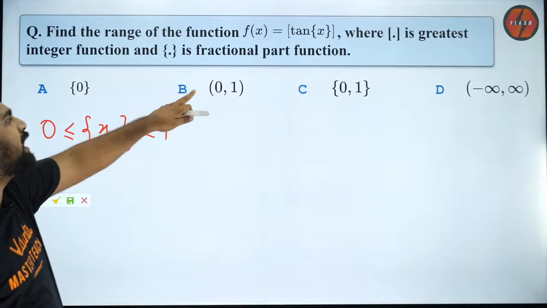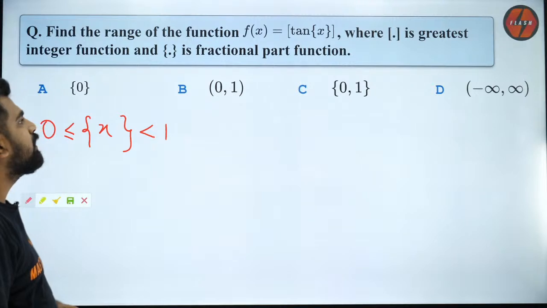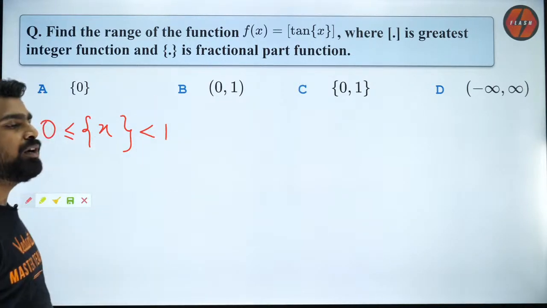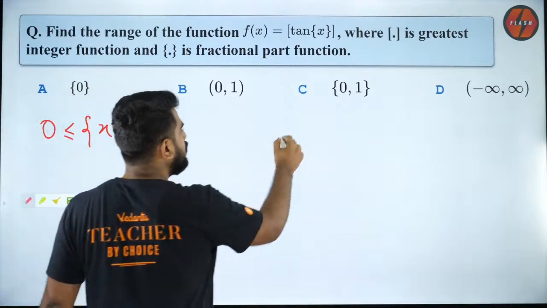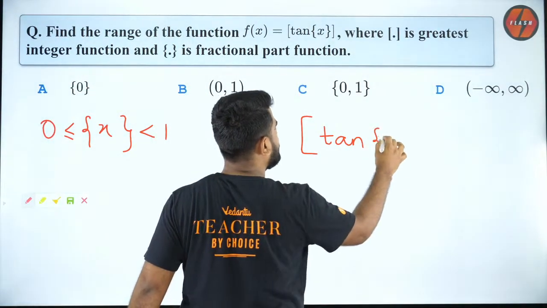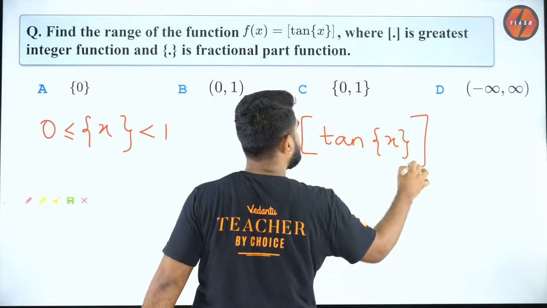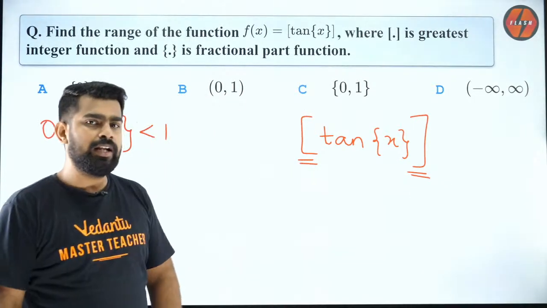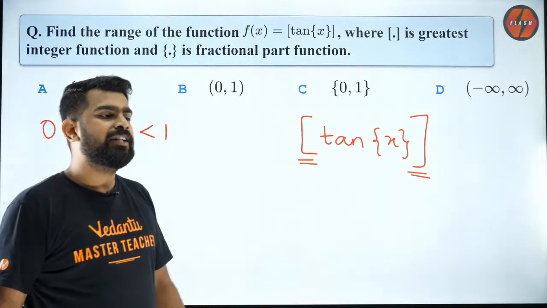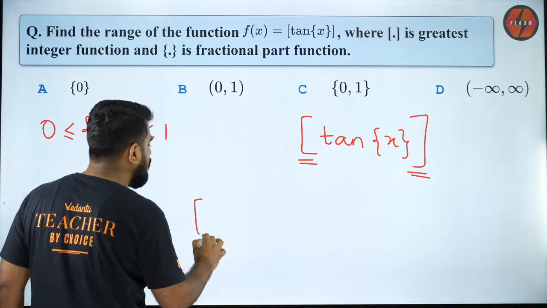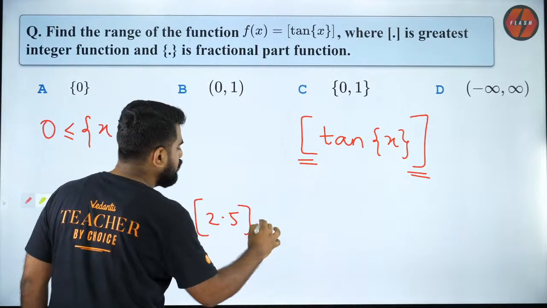Now I want you to find out what is the value of GIF of tan of fractional part of x. This square bracket is called GIF, greatest integer function. This square bracket is called the greatest integer function, and like I said, it gives you the integer value. For example, GIF of 2.5 is equal to 2.